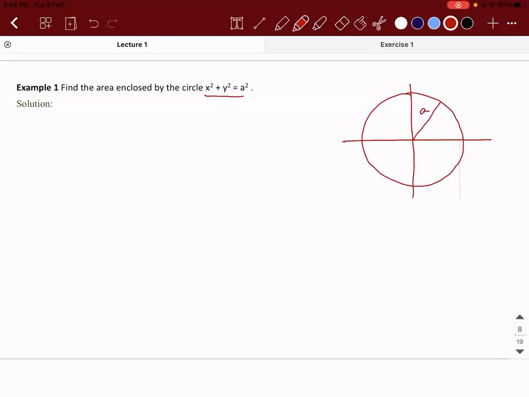If the radius of the circle is a, then what is its area? Is it not pi r square? We already know this fact because it's a regular shape. But what are we doing now? We are trying to find the area made by this curve using integrals. For that, see what logic I'm going to use.